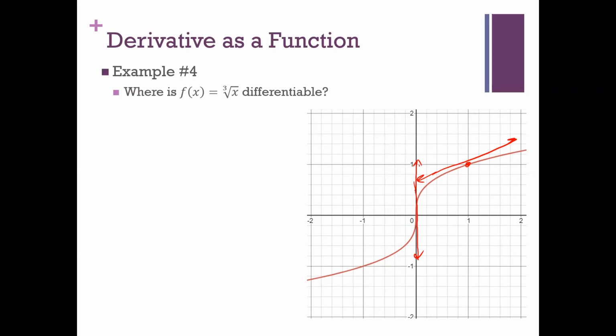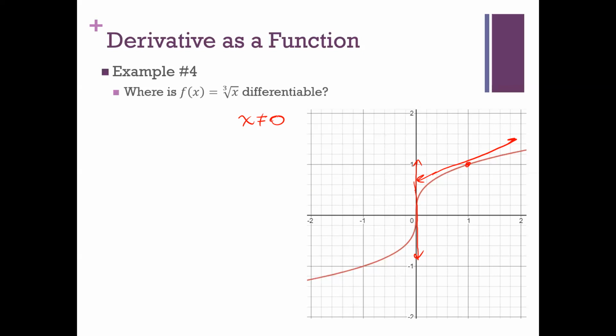If I have a vertical line, what's the change in y? There's no change in x, and I can have any amount of change in y, right? So because of that, I have a tangent line there with an undefined slope. So this is differentiable everywhere except for x equals 0.